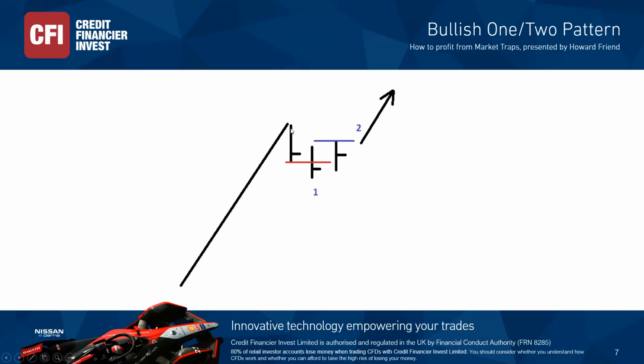And that qualified correction comes in the form of the 1 to the downside and the 2 to the upside, the 1, 2. So what does the 1 represent? The 1 represents breaking through the previous bar's low and also forming a lower high. So we've got ourselves a lower high and a lower low.